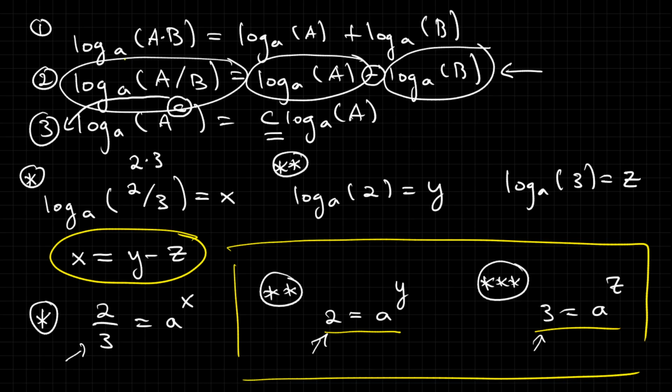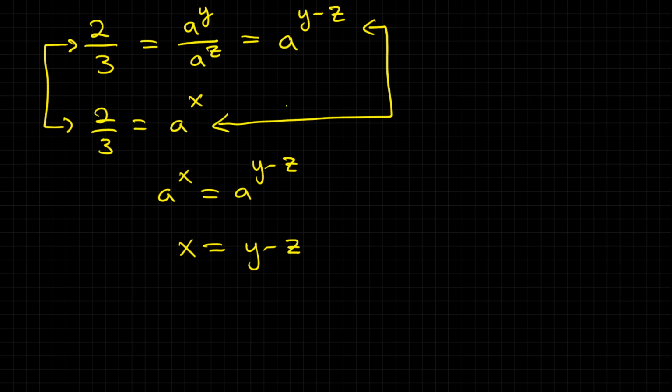Now that I explained it with a specific example, you can go through and replace all the 2's with a capital A, and you can go ahead and replace all the 3's with a capital B, and all of these will change as well.